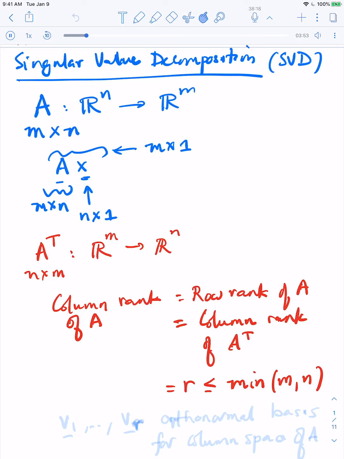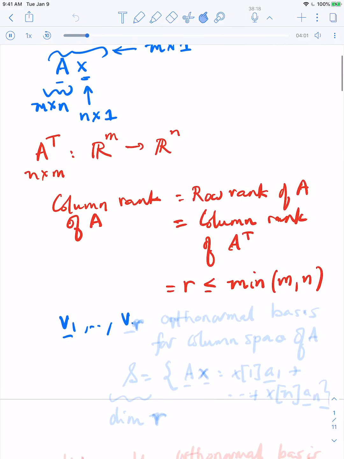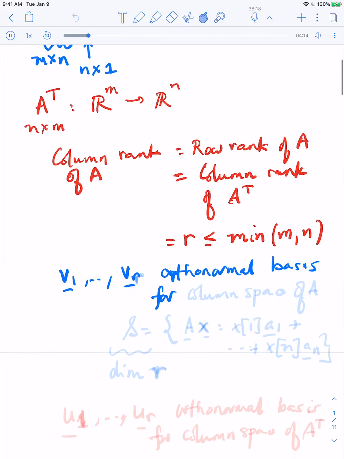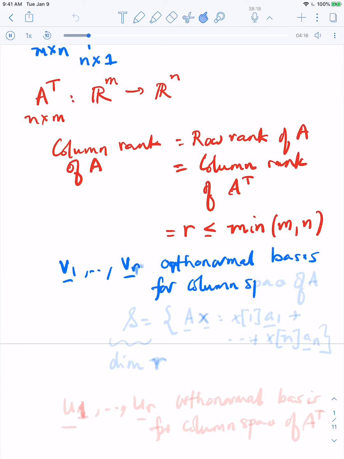So what that really means is the SVD is saying that I can actually find V1 through VR, an orthonormal basis for the column space of A. So basically, the space of all possible AX. What is the column space of A?